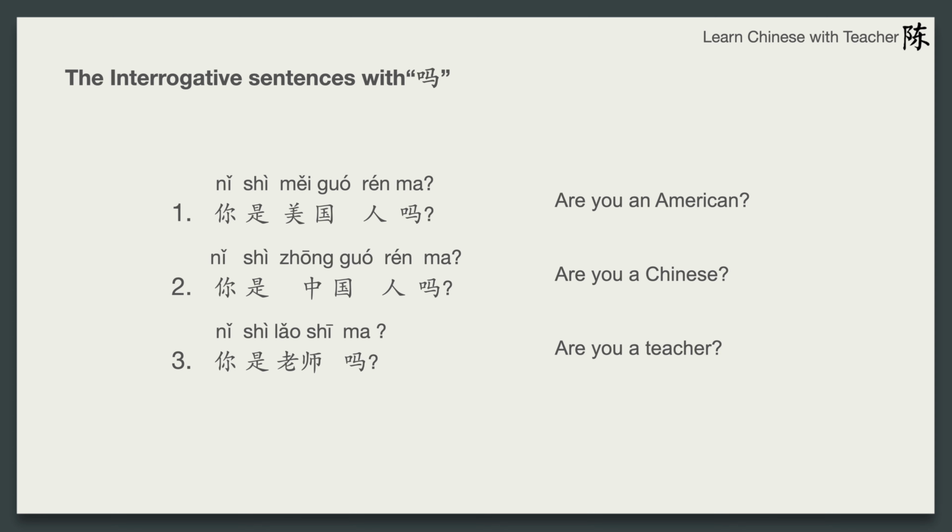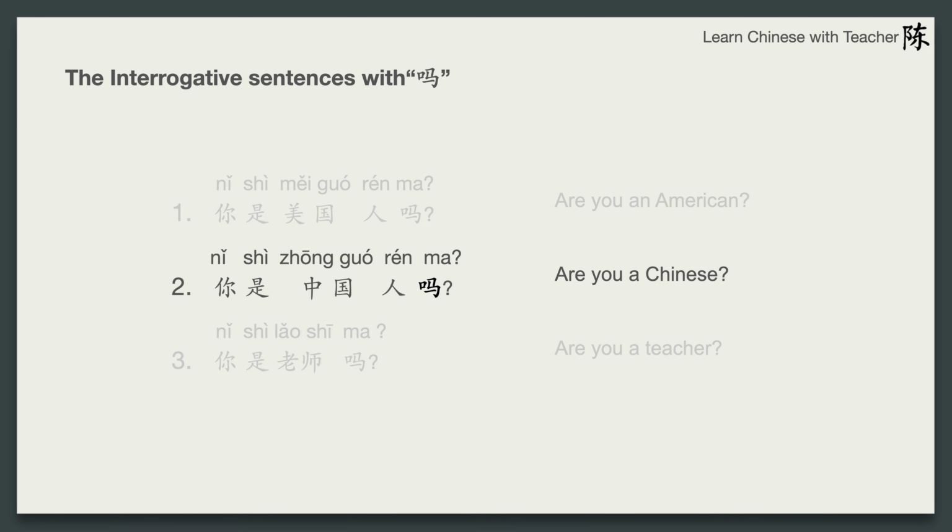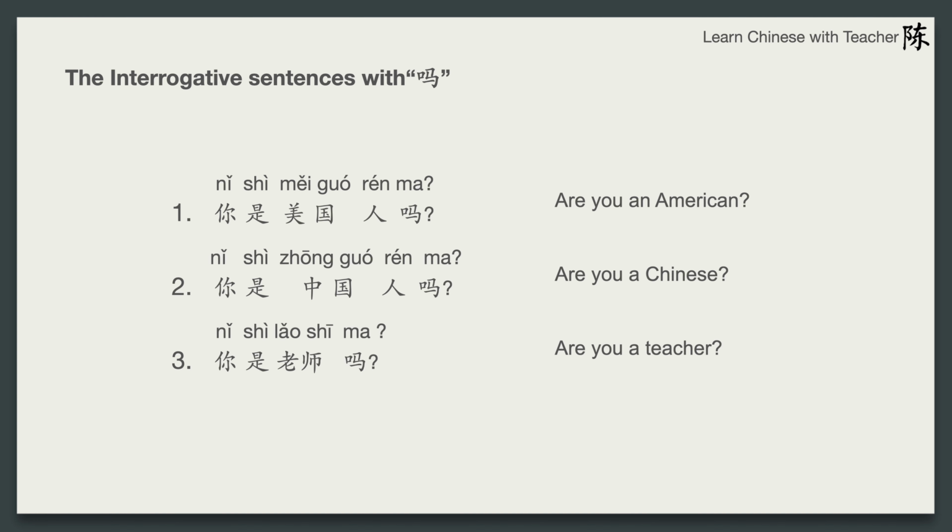Let's first read these sentences. 你是美国人吗？你是中国人吗？你是老师吗？ The word order of asking a yes or no question is also different compared with English.